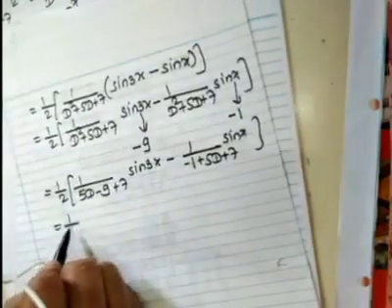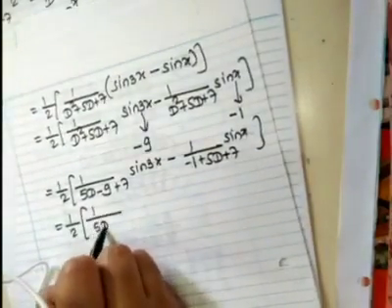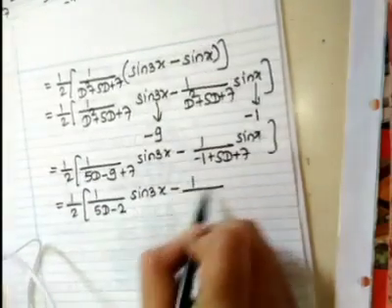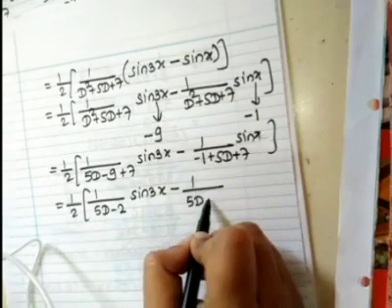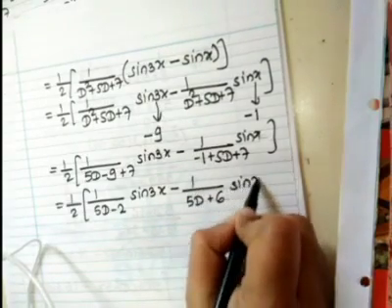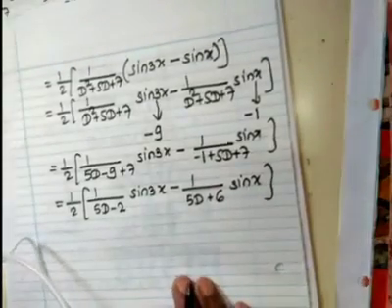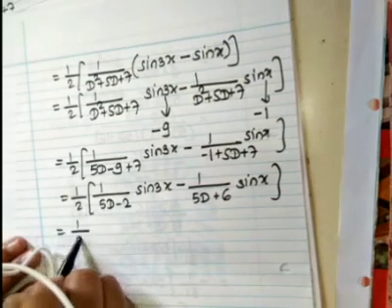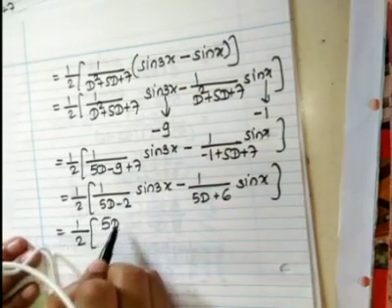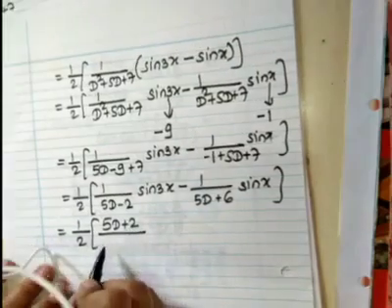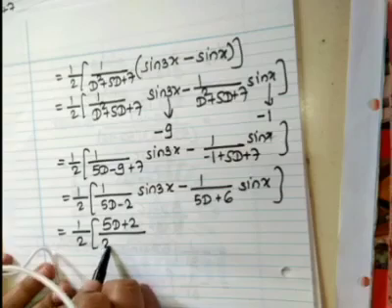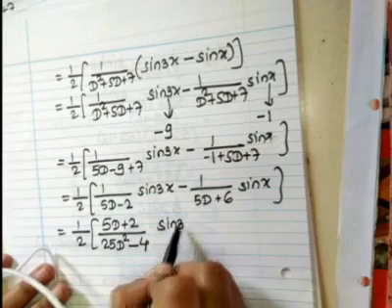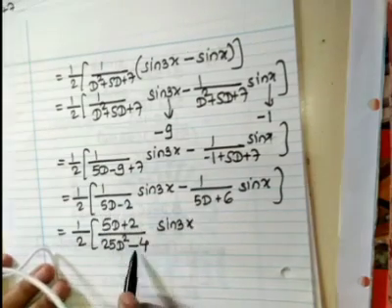That is equal to 1/2 into 1 upon 5D minus 2 on sin 3x, minus 1 upon 5D plus 7 minus 1, that is plus 6, on sin x. But as it is sin again, we need to rationalize. After rationalizing 5D plus 2 by 5D plus 2, here we get 5D plus 2 upon 25D square minus 4 on sin 3x, a square minus b square.